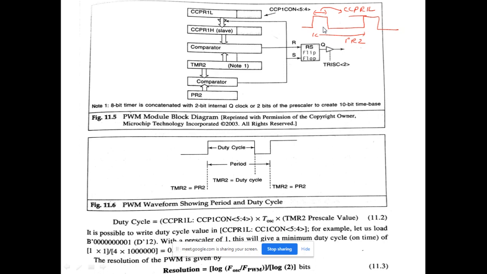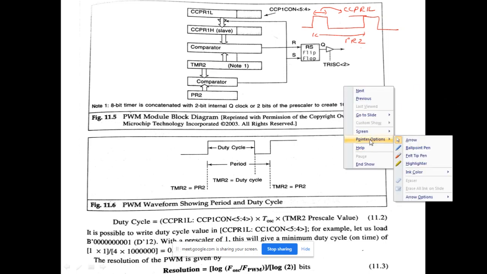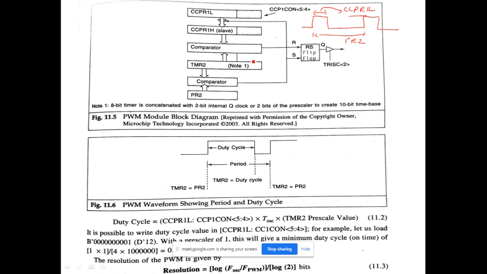Now the operation actually occurs like this. Initially, you have to load some count 00 in the TMR2 register. So your timer should be started with the initial count being 00, right?